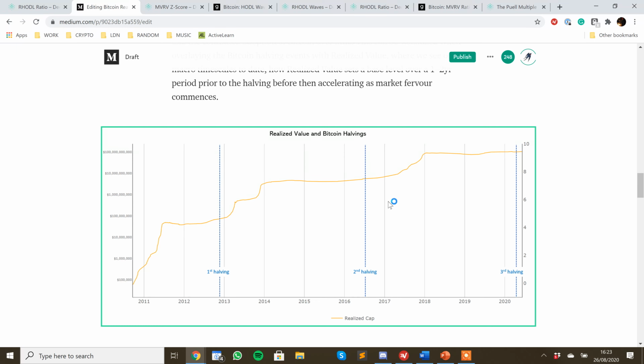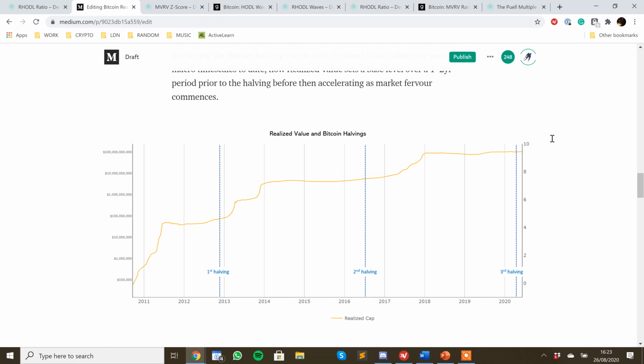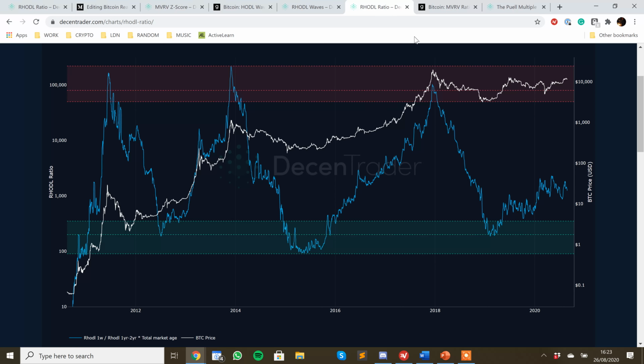Realized value rises up quite steadily. We had it first after the first halving, the second halving. This chart's a little bit out of date now, but we're starting to see it also after this third halving as well. And I think as long as the impact of the halvings is significant, which I think it is this cycle, we're going to continue to see that play out. So that's kind of the principle of this indicator. It's kind of how it works.